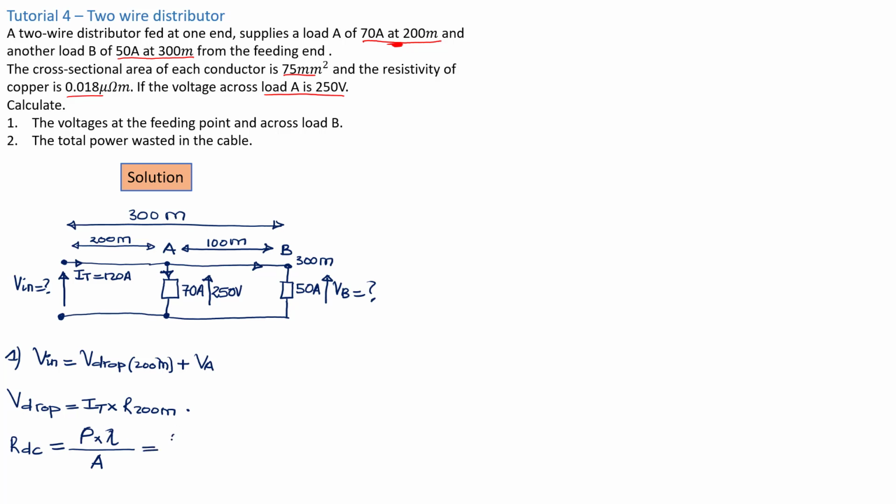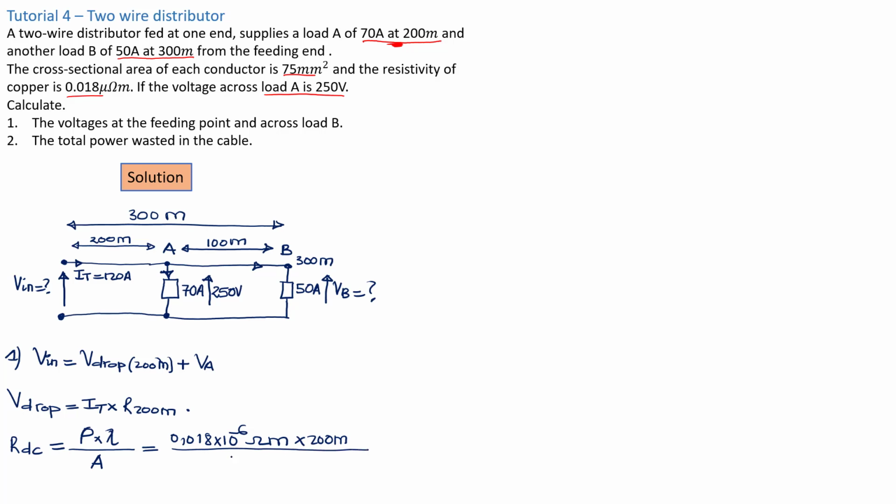So replacing the parameters: 0,18 times 10 to the power minus 6 ohm meter, times the length, 200 meters.